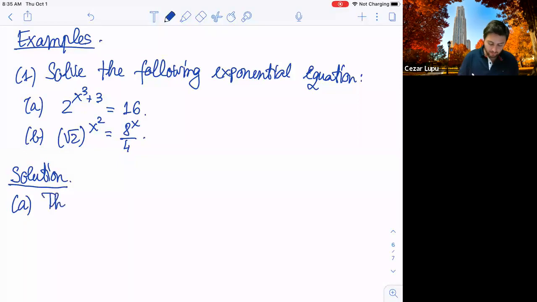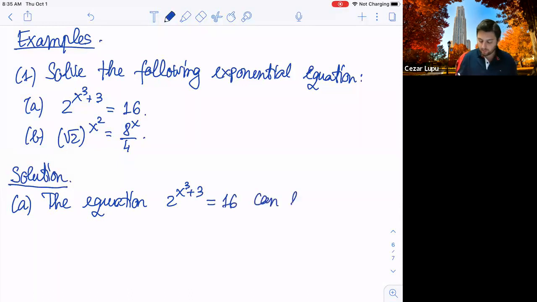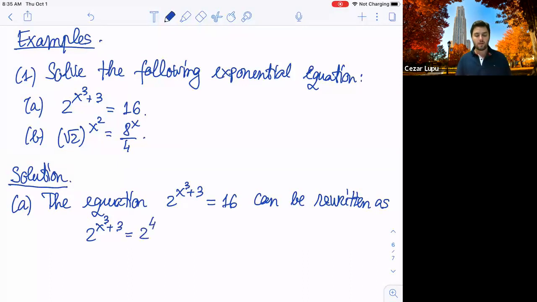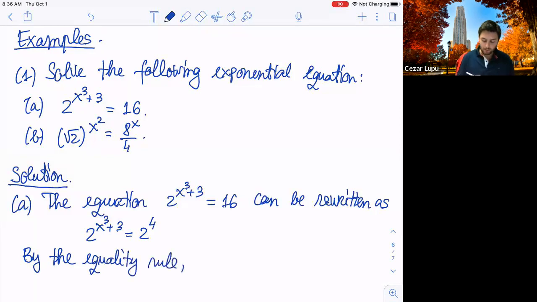So the equation 2 to the power x cubed plus 3 equals 16 can be rewritten as the following: 2 to the power x cubed plus 3 is the same as 2 to the power 4. But now, guess what? By applying the equality rule, what do we have?